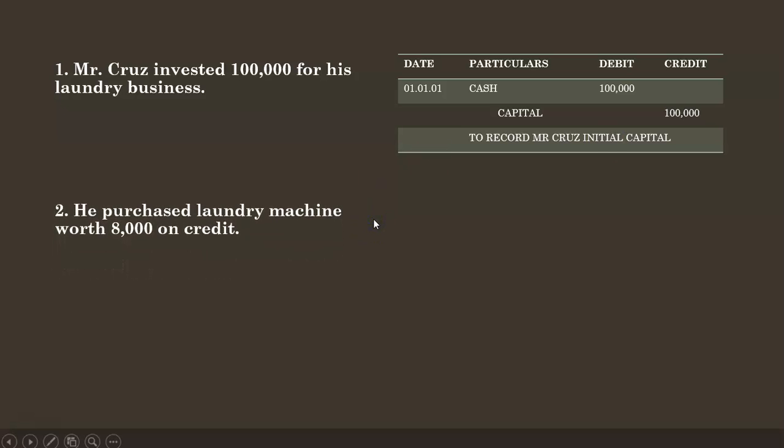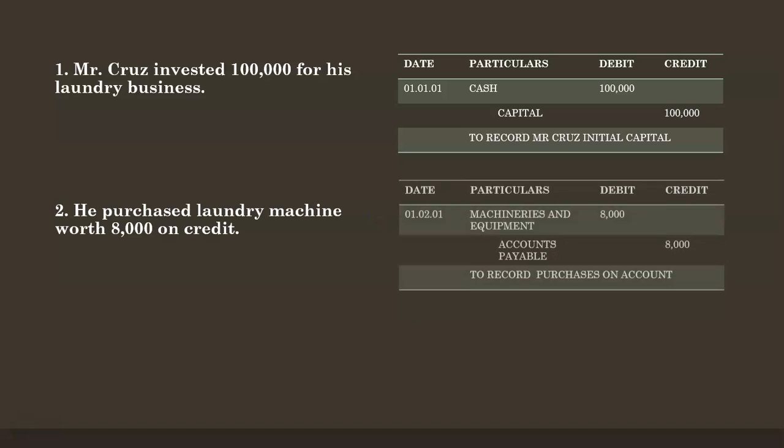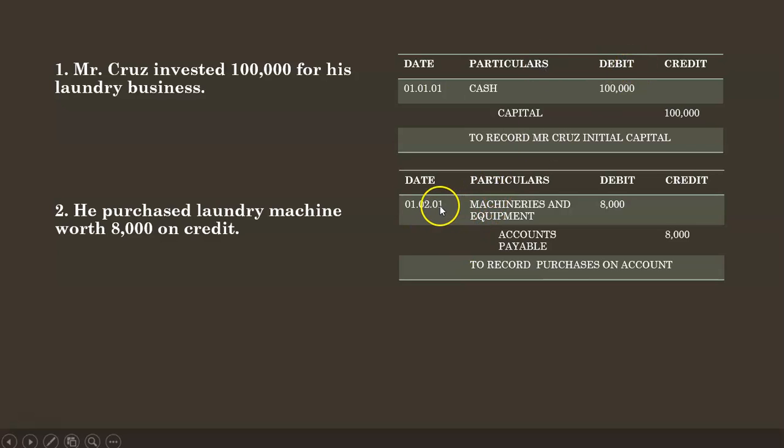Next is, he purchased laundry machine worth 8,000 on credit. So let us assume January 2, 2001, debit machineries and equipment 8,000, credit accounts payable 8,000, to record purchases on account.